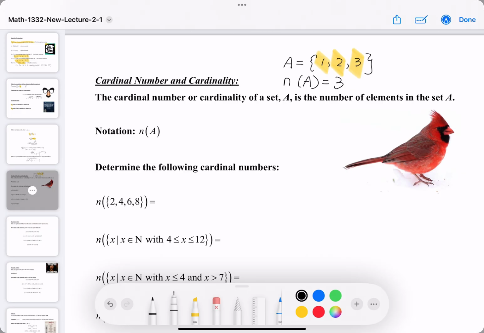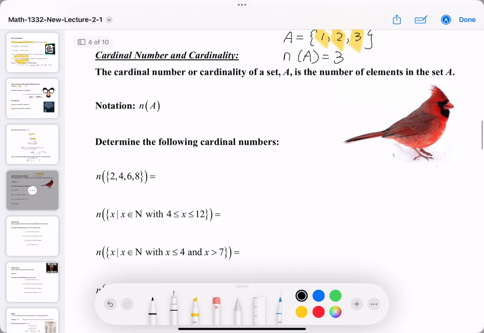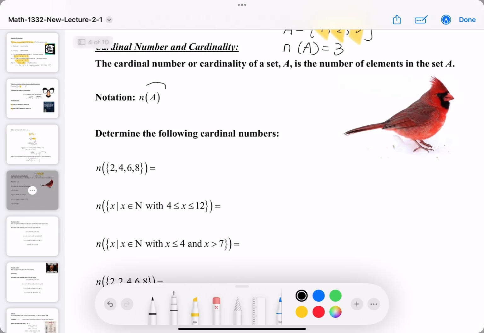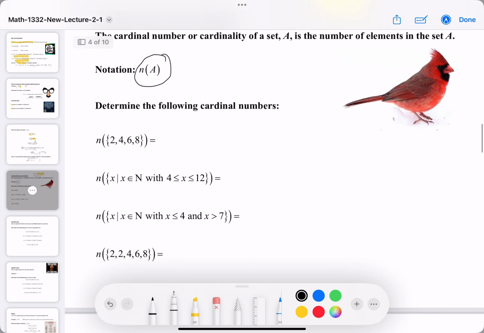Okay. Determine the following cardinality numbers. Notation of cardinality, we say n(A). So n of the set {2, 4, 6, 8}. How many elements are inside of the set? We have 4 elements. We say cardinality is 4.